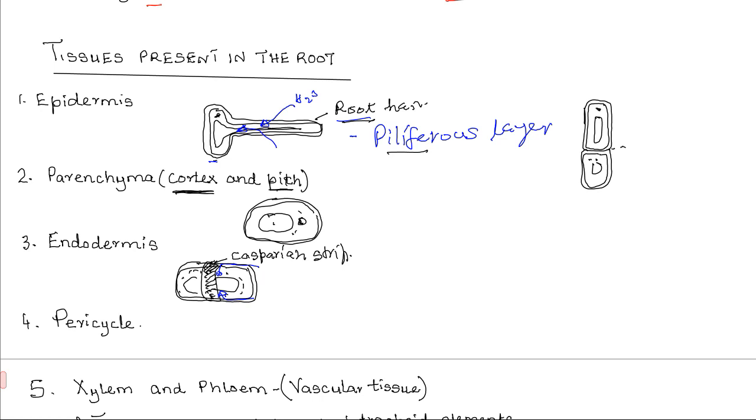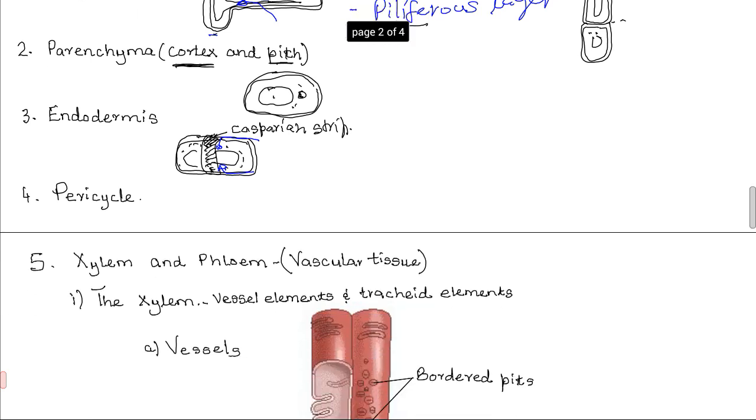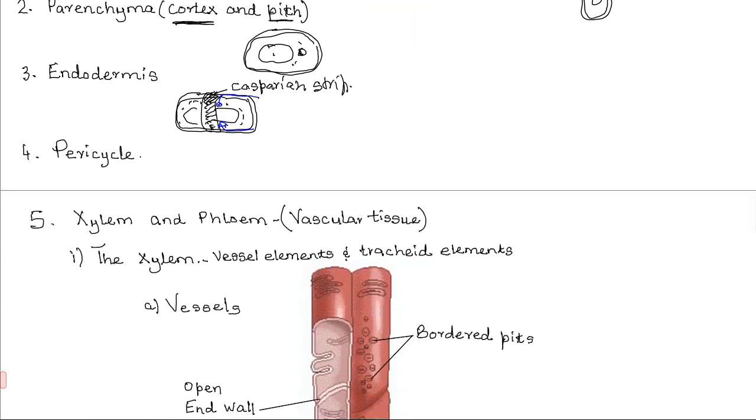So the endodermis plays that dual role of, one, controlling the amount of water and mineral salts entering into the vascular bundles, and secondly, screening out unwanted materials that may be present in the absorbed water, such as pathogens. Then the pericycle.